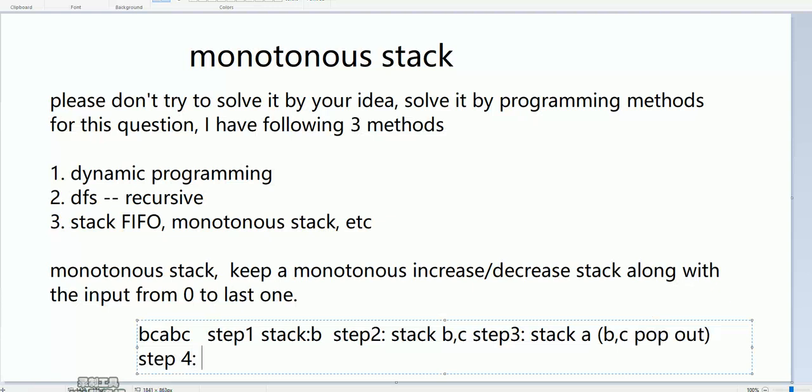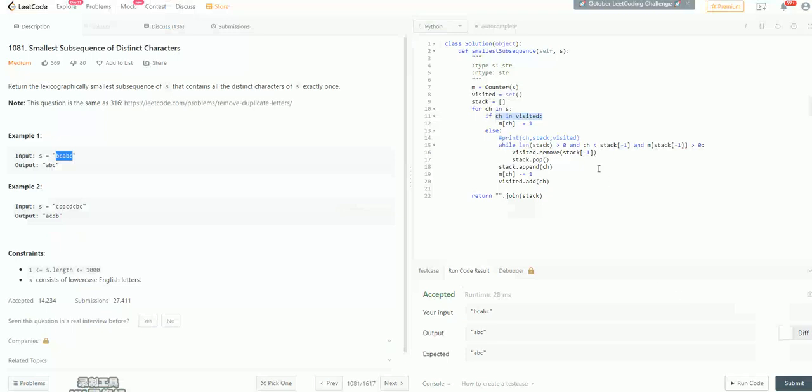Step four, we have A and B. Step five, B is bigger than A, so B will be inserted. Because C is bigger than B, C is added. This is the result.